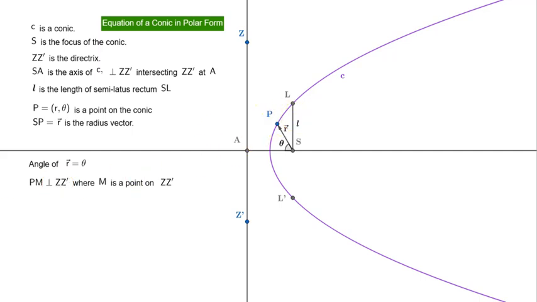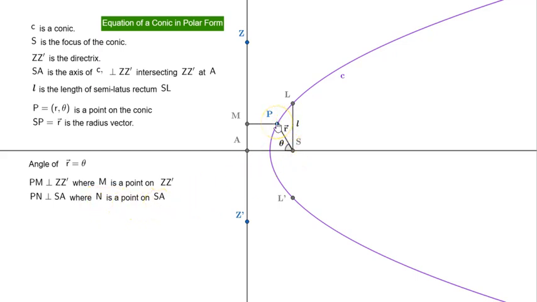Now PM perpendicular to ZZ prime. Now we don't have PM. Let's draw PM perpendicular to the directrix ZZ prime, where M is a point on ZZ prime. Now PN perpendicular to SA, that is the axis, where N is a point on SA.